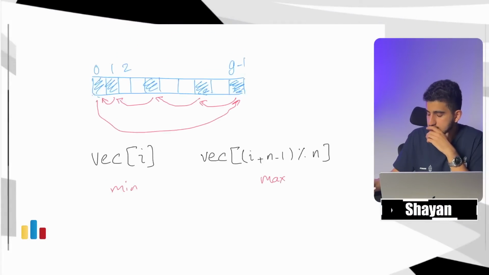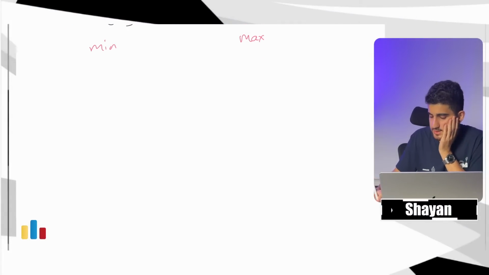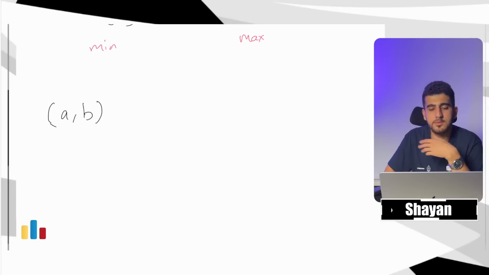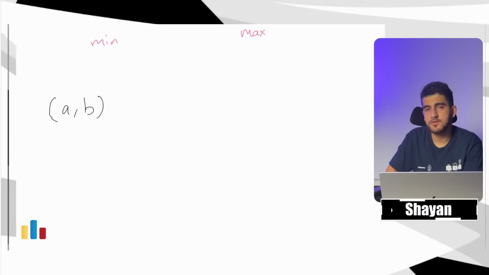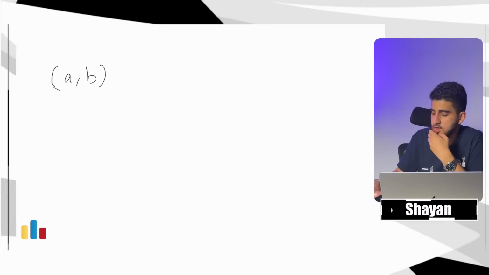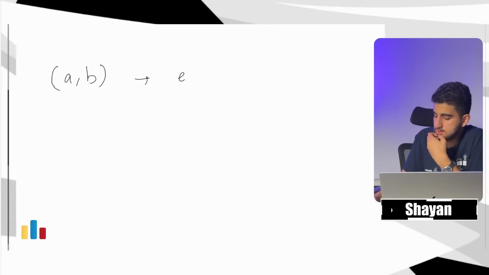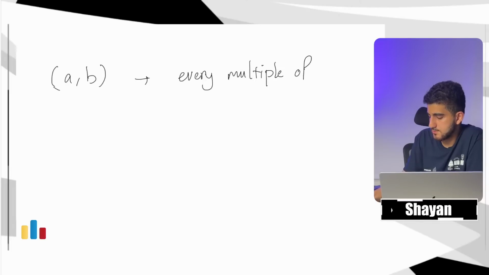What I was saying is that first of all, there is a theorem, Bezout's theorem: if you have A and B and you can multiply A by anything and B by anything, by integer values that can be negative, 0, or positive, you can make every multiple of the GCD.